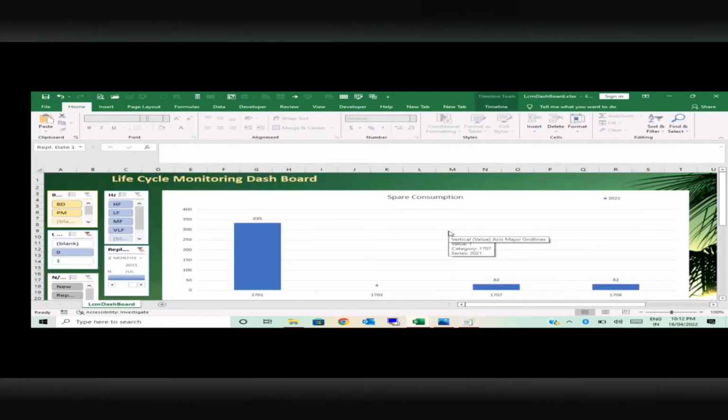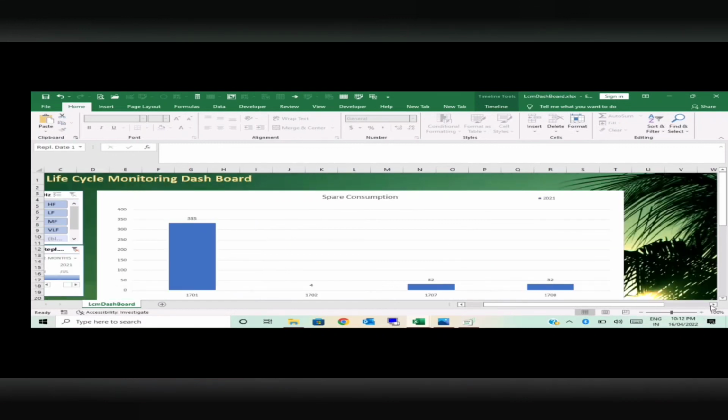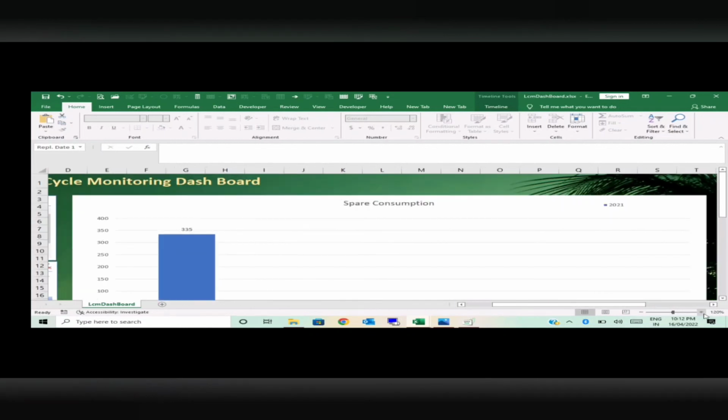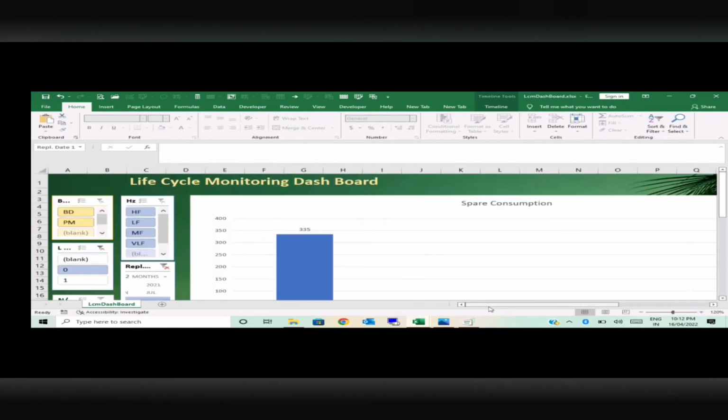Friends, whatever spares we are replacing, whatever changes we are making in assets, have to be monitored for the designed life. Definitely some life has been designed. Also we can derive what the designed cycle should be for that particular part.